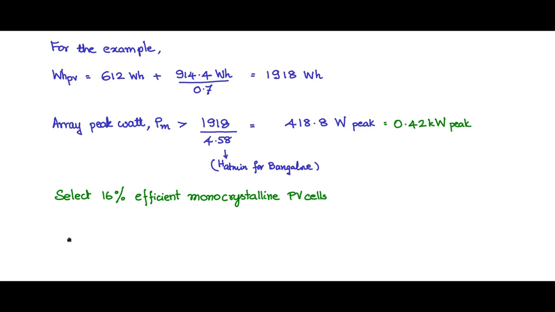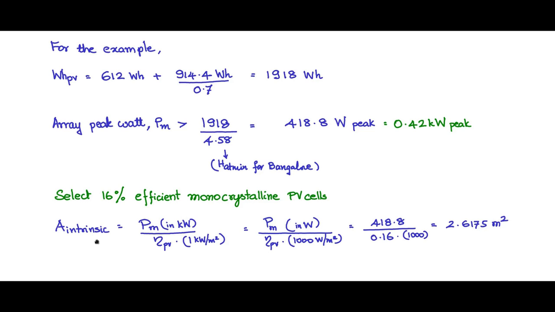Now select a PV cell from standard manufacturers. Select a 16% efficient monocrystalline PV cell, say, for example. And if we calculate the intrinsic area of the PV panel, it works out to be PM by efficiency of the PV panel. Of course, if PM is in kilowatts, then in the denominator, the input is 1 kilowatt per meter square incident insolation.